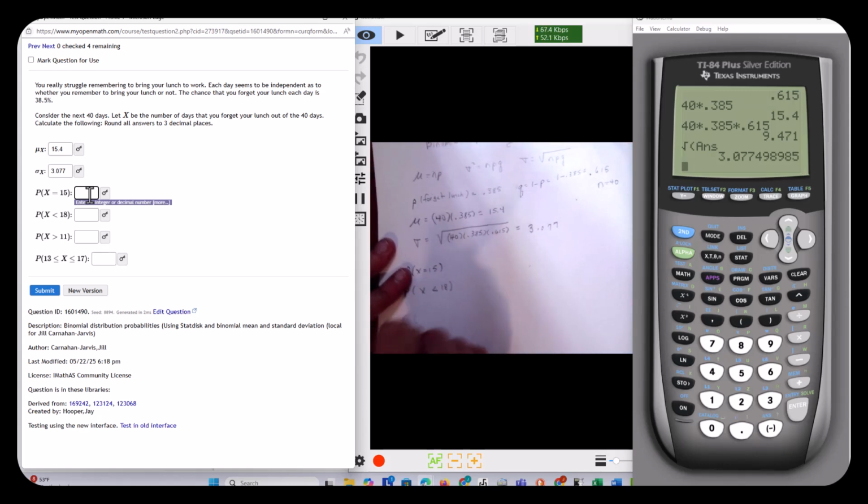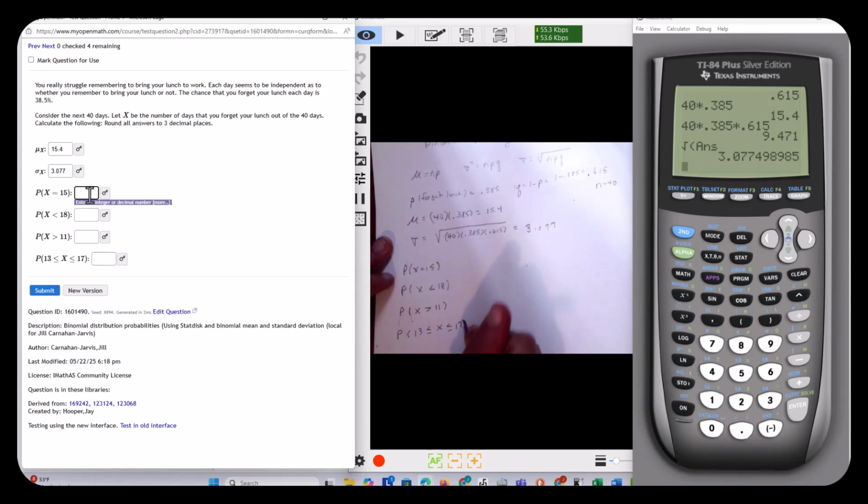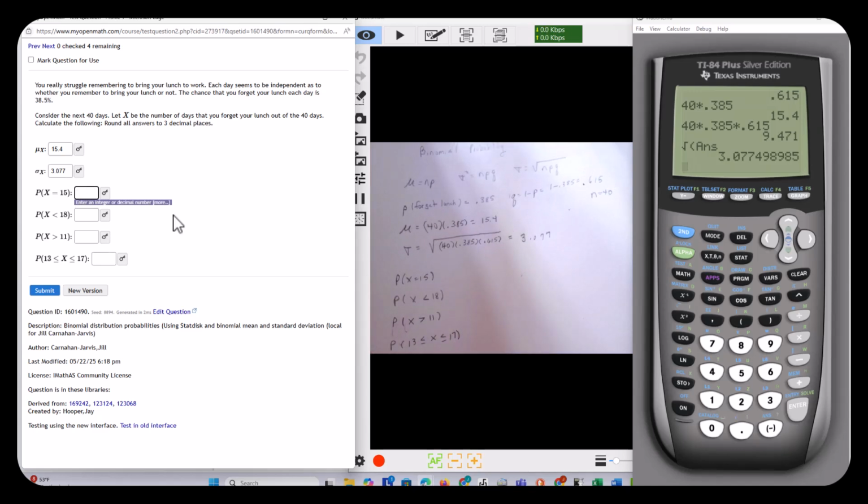I'll have to rewrite these a little bit. And the probability that 13 is less than or equal to x is less than or equal to 17. Okay. So let's pull up Statdisk.